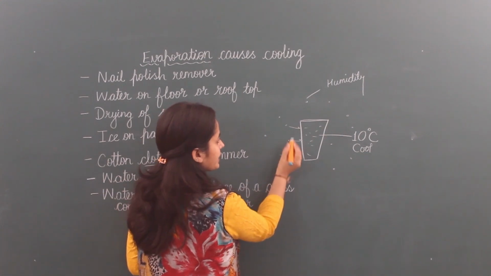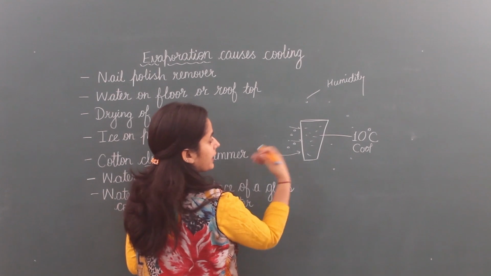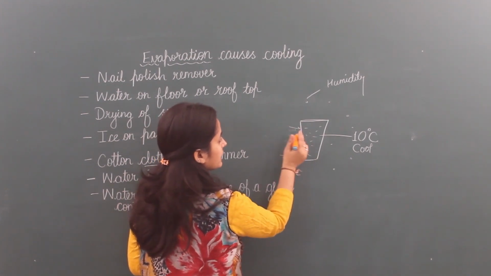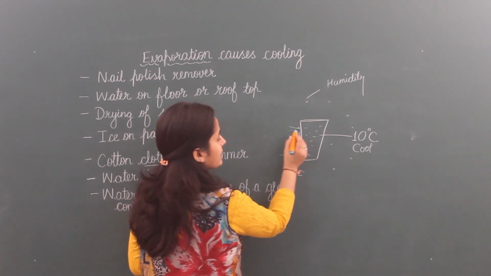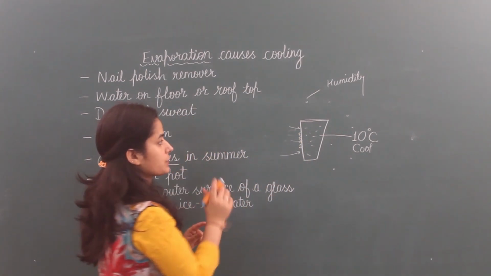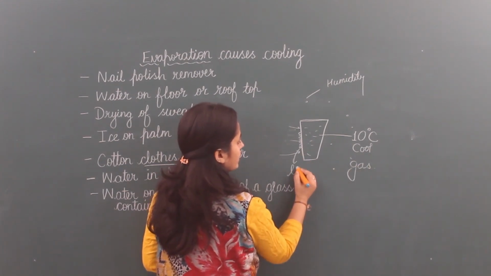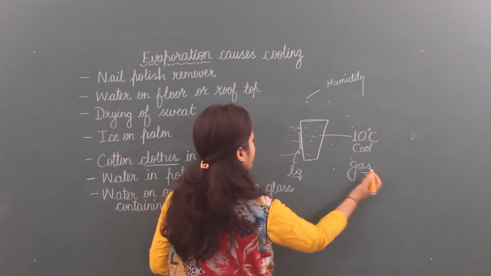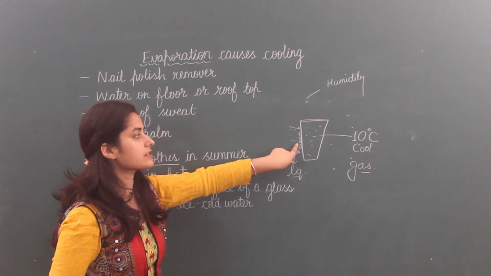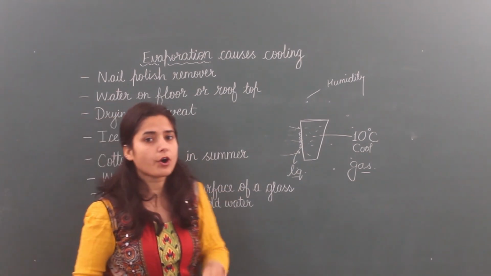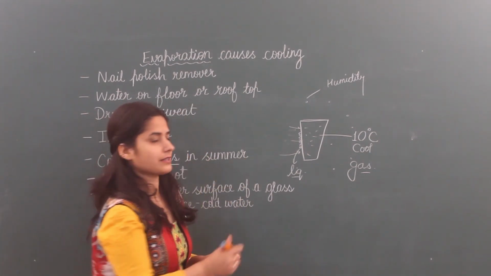Now their energy decreases. They come close. Again taking more energy, they come more close. And now their energy is reduced too much, from gas state to liquid state. Now they are converted from gas state to liquid state, and we can see this liquid in the form of droplets outside the bottle or glass. It is the reason.